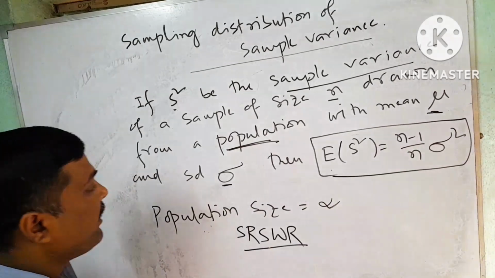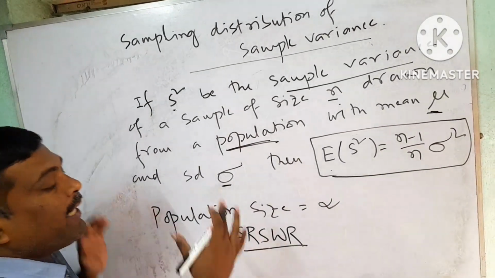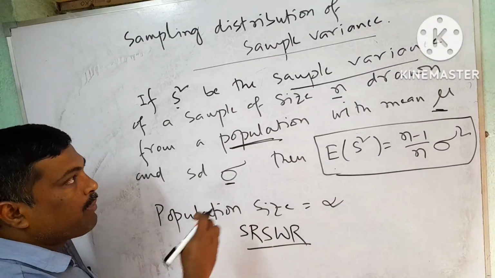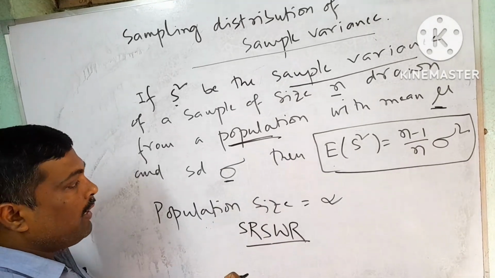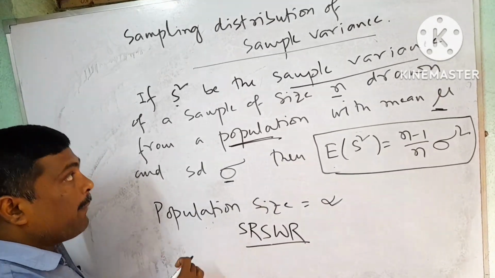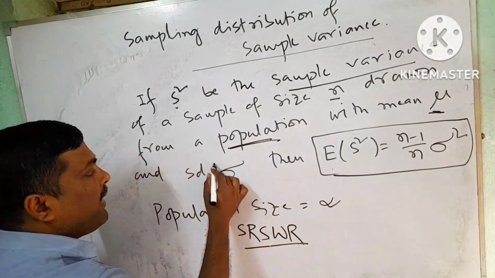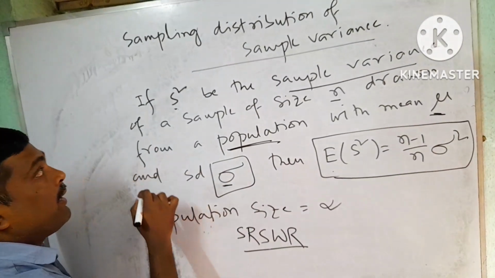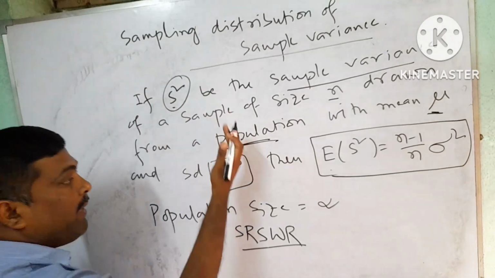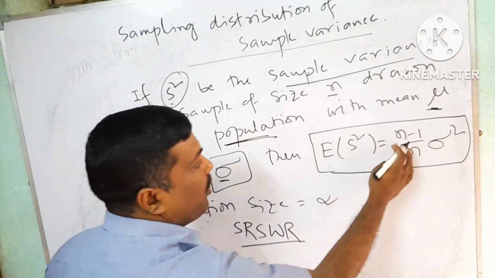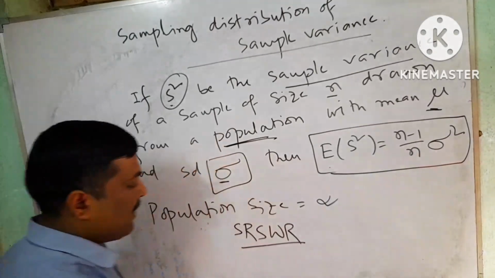Suppose we have an infinite population and take one sample of size n from it. If the population mean is mu, standard deviation is sigma, and S square is the sample variance, then E of S square equals n minus 1 by n sigma square.